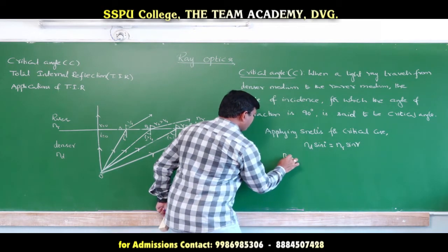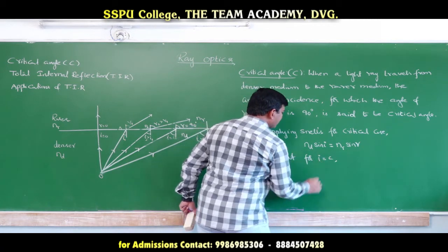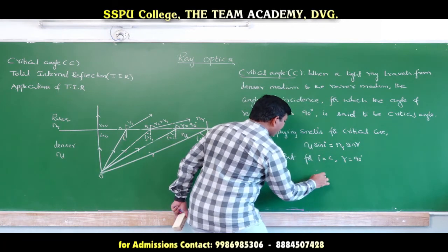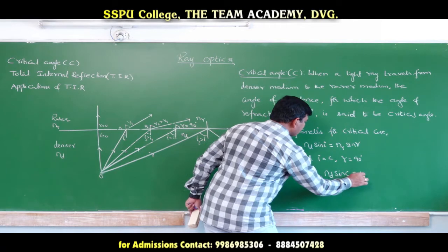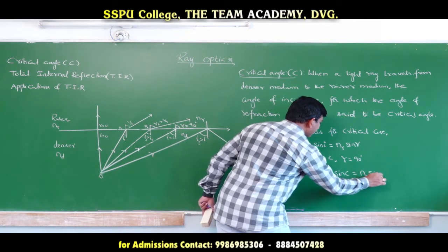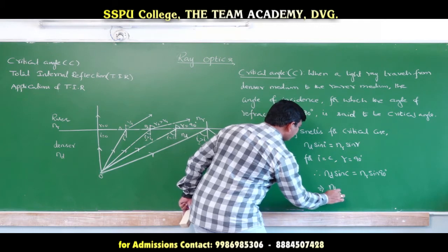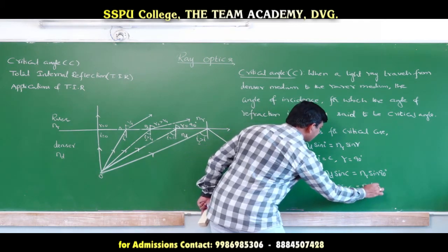But for I equal to C, that means when the angle of incidence is equal to the critical angle, R is equal to 90 degrees. Therefore, Nd into sin C is equal to Nr into sin 90 degrees, and sin 90 is 1.